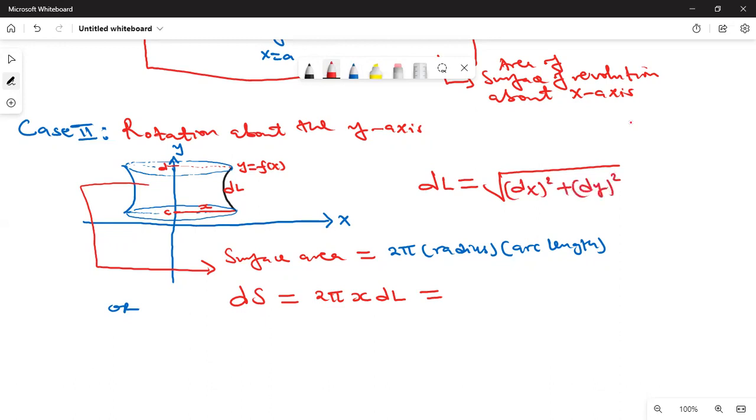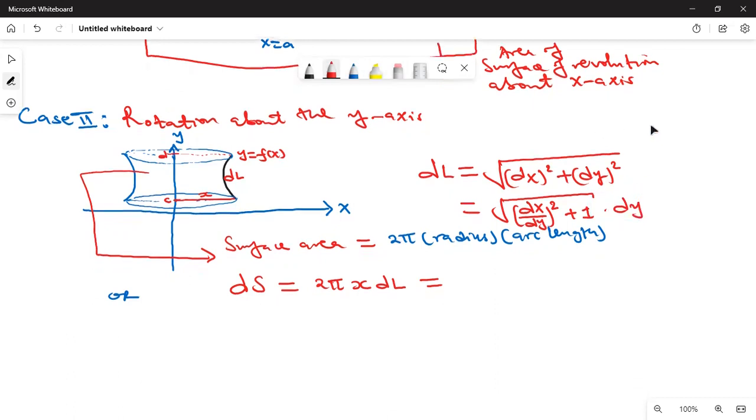So when I factor out dy squared, I'm going to get the square root of dx over dy, squared, plus 1. Remember dy squared, when you take it outside the square root, it becomes dy. So the square root of that times dy, because now we are going to integrate with respect to y. So take note of that.